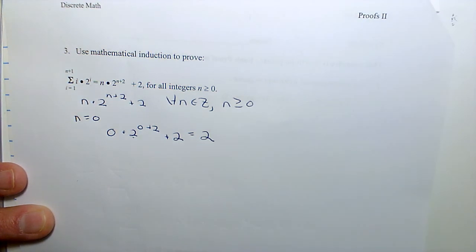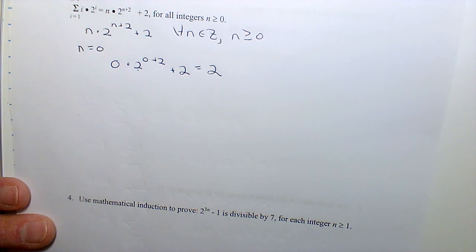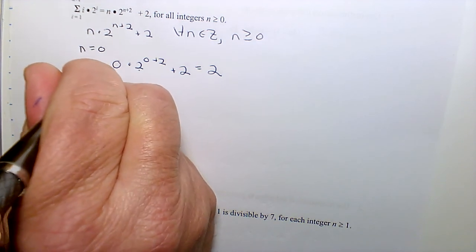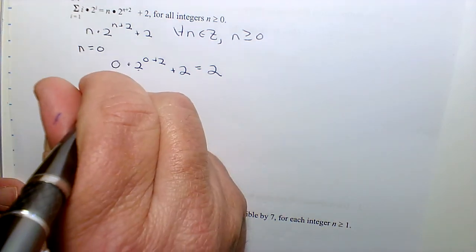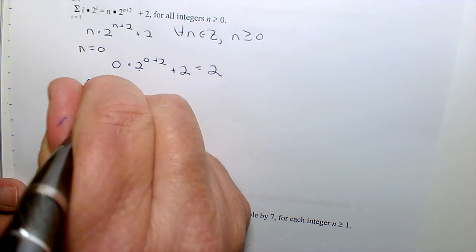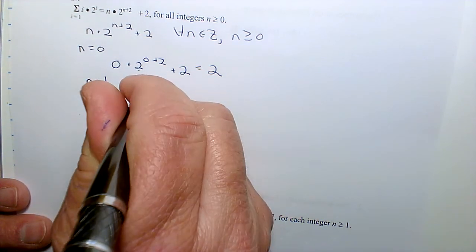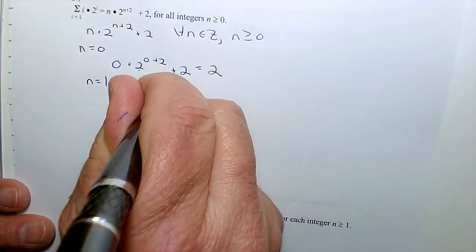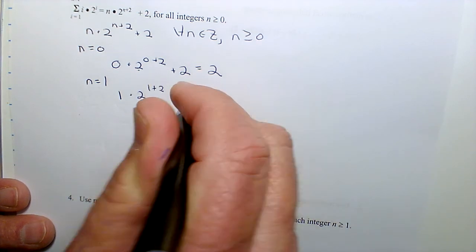Might be important for you to look at how this right-hand side matches up with the left-hand side for this same case. When n is equal to 1, we get what? 1 times 2 to the 1 plus 2 is the exponent, and then add another 2.